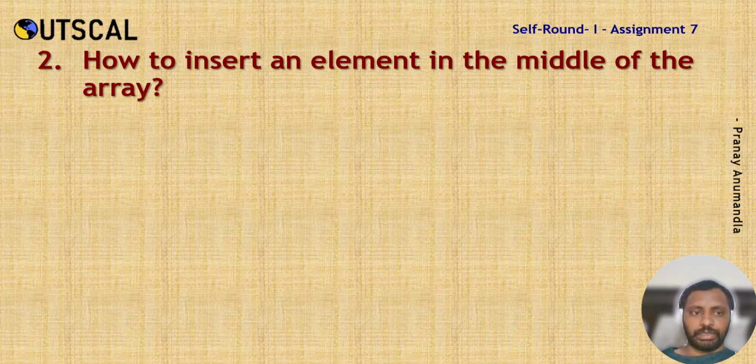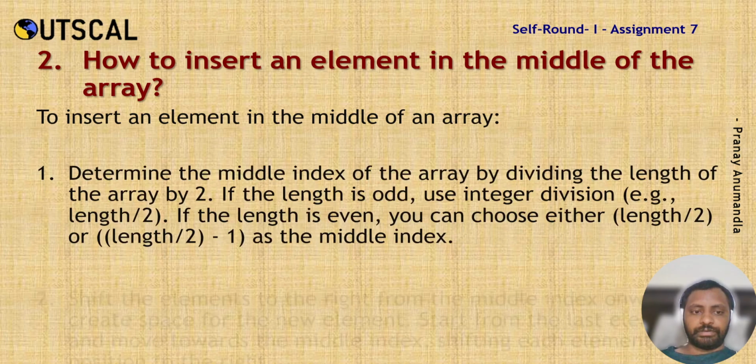Whenever we insert an element, we have to shift the elements on the right side one position forward, make space in the center, and then insert the element. These are the steps.